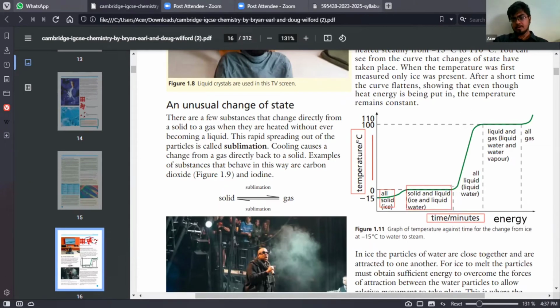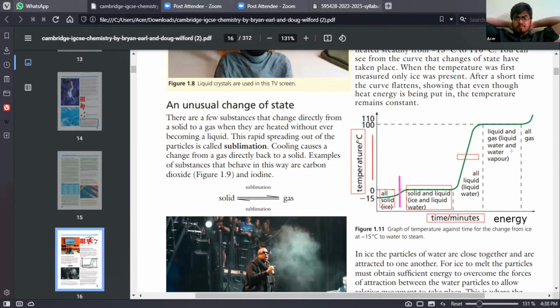At this point over here in the middle, what is the state of this? Solid, liquid, or gas?